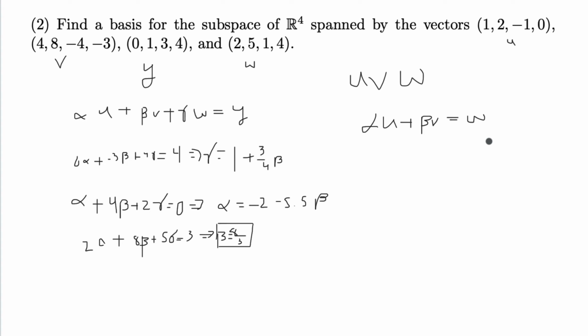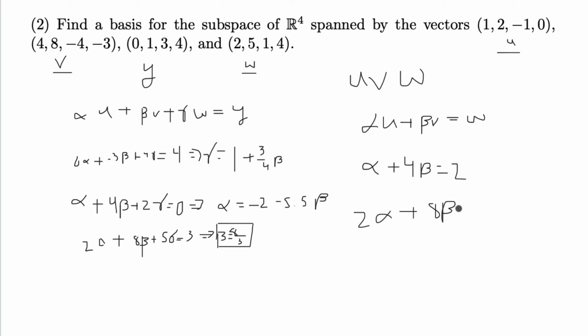For instance, we need alpha u plus beta v equal to w, so we need alpha plus 4 beta equals 2, and you need simultaneously, from the second line, that 2 alpha plus 8 beta is equal to 5.